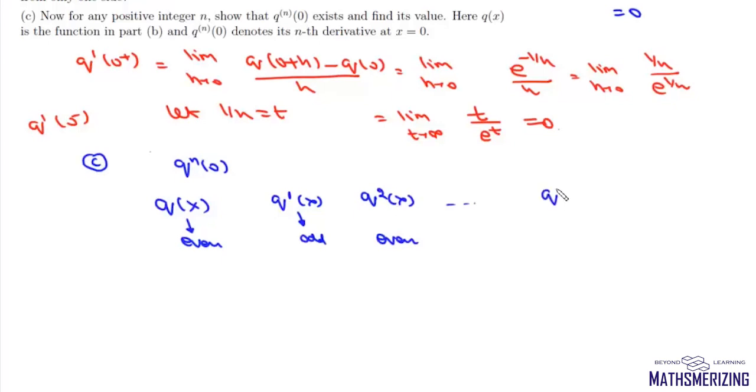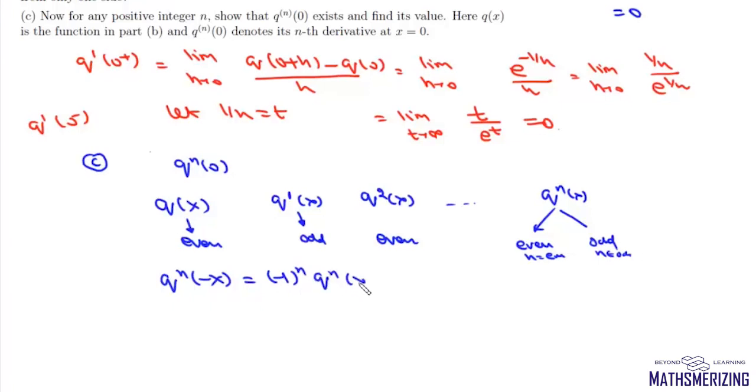So we can say this q^(n)(x) will be even when n is even, and will be an odd function when n is odd. So we can simply write q^(n)(minus x) will be minus 1 to the power n q^(n)(x).